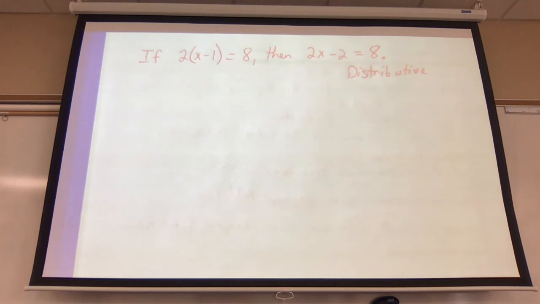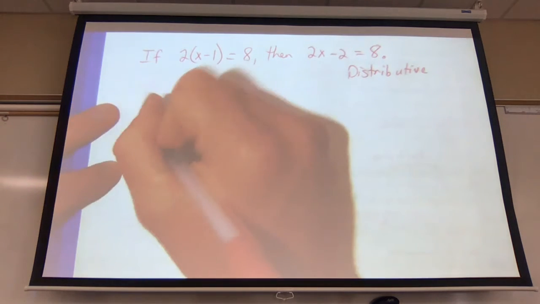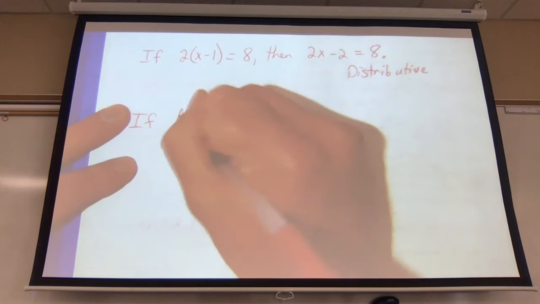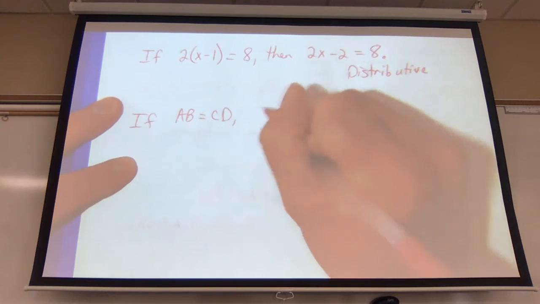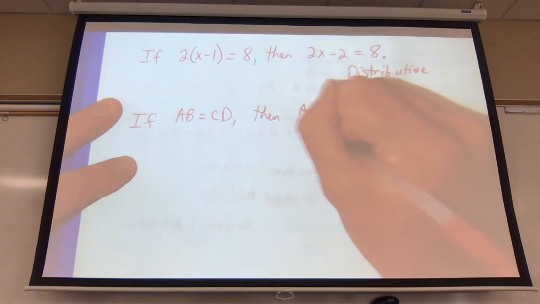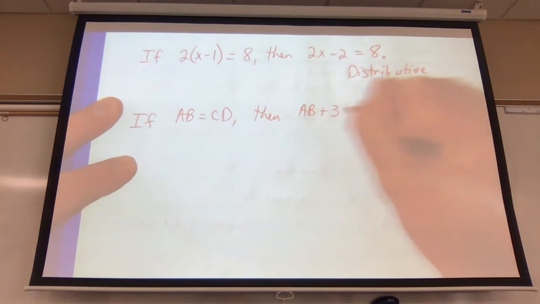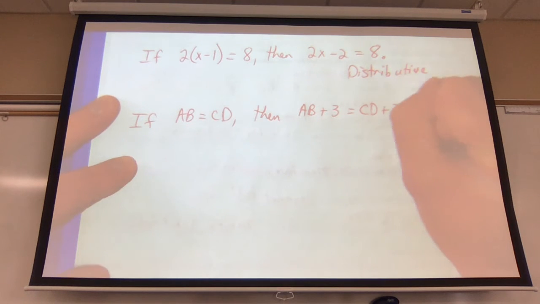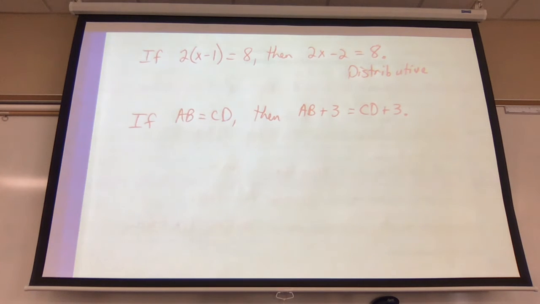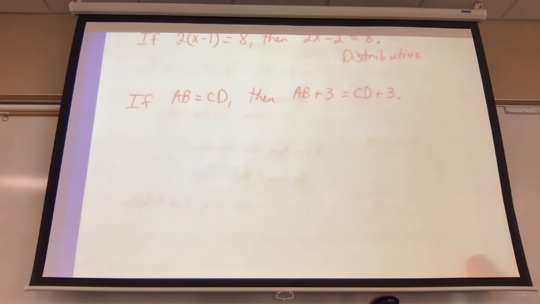There's the distributive property. Now another one that'll catch people off guard sometimes, let's say we have something like this. AB equals CD, then AB plus 3 equals CD plus 3. So again, we want to figure out what we did from the if part to get to the then part.